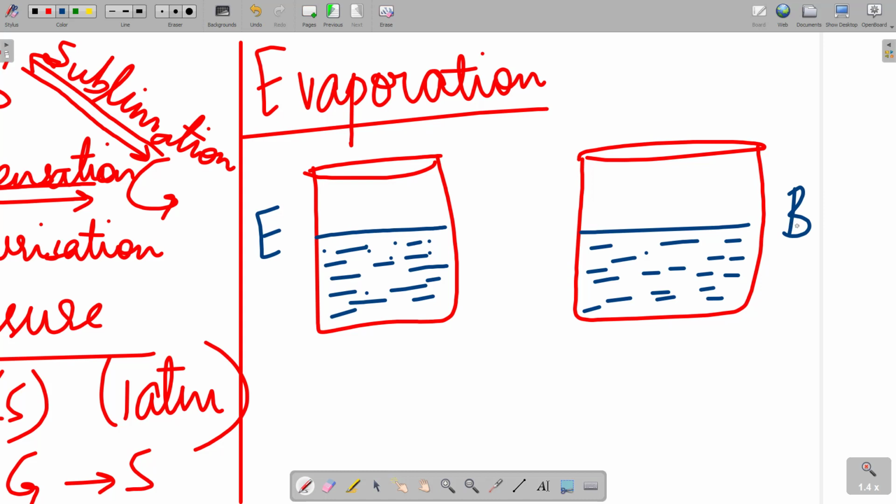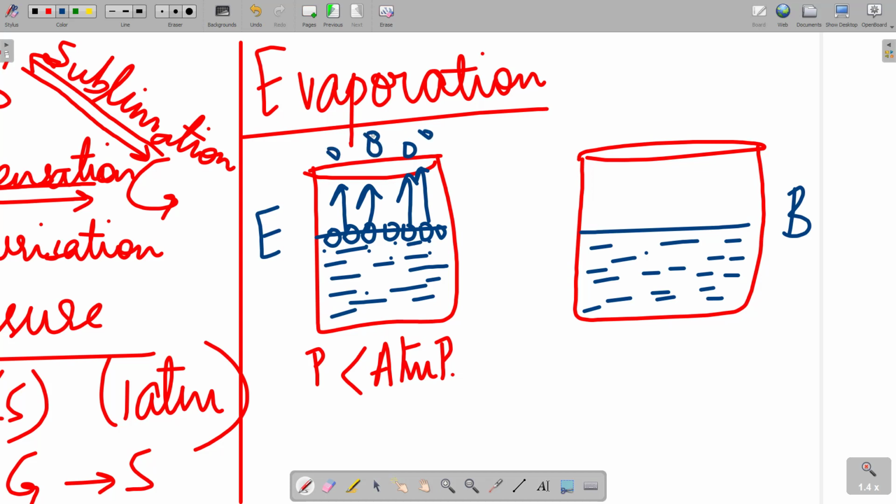Okay. अब evaporation में हो क्या रहा है? Right? Understand one thing. The pressure that has been applied here, red pen, the pressure that has been applied here is less than the atmospheric pressure. Because of which bubbles बनते ही नहीं है. जो फर्स्ट लेयर है इनकी water particles की, they just leave the surface and they go up as vapors.